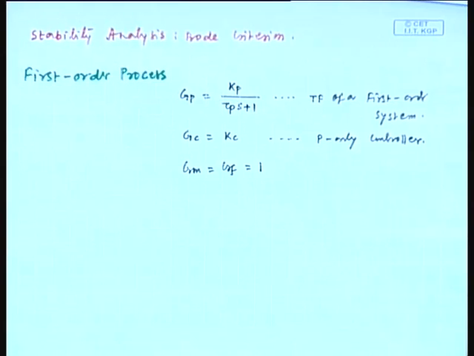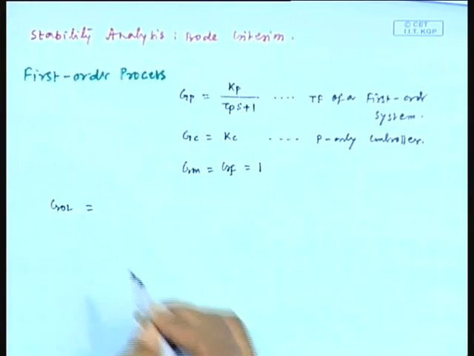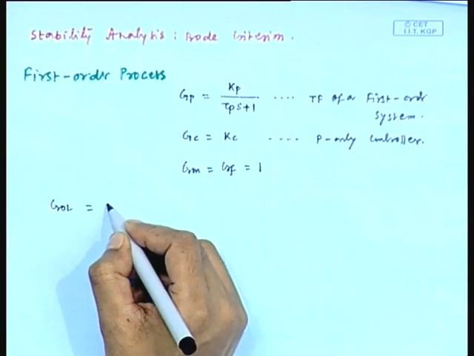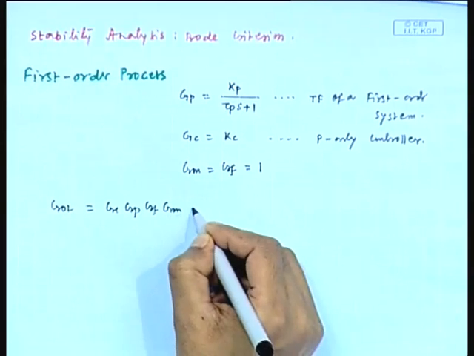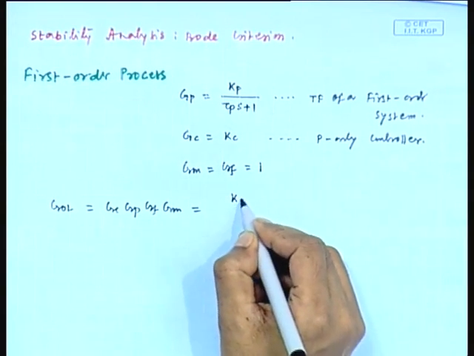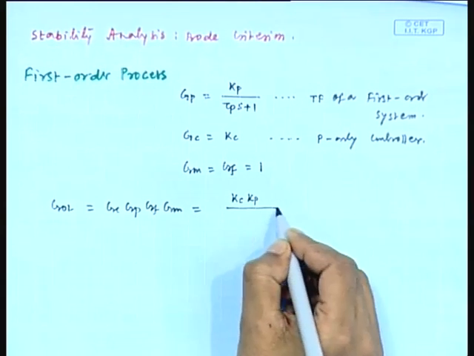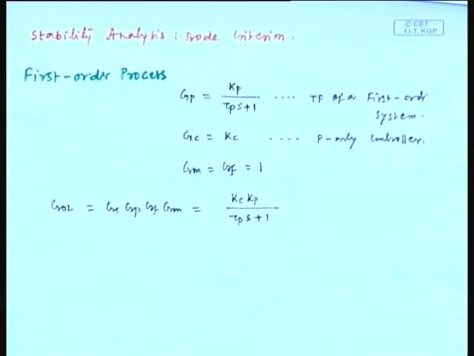Fine. Now, at the first step we need to find the open loop transfer function. The open loop transfer function for this example system we can write as Gc Gp Gf Gm, and that is equal to Kc Kp divided by tau Ps plus 1.